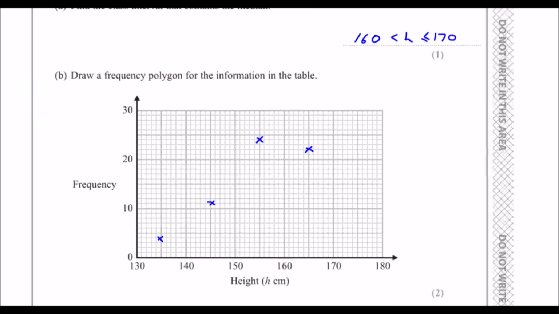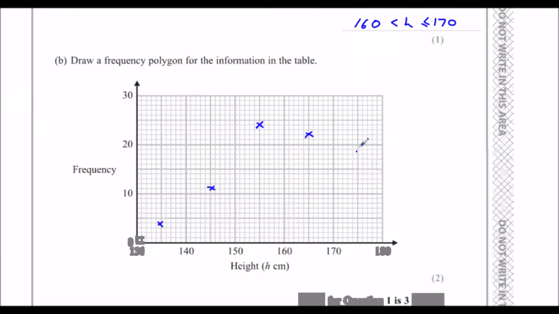And 175, 19. So we've got the points, and then we're going to connect them up with straight lines using the ruler, straight lines to connect all of the points we've plotted. And that is our frequency polygon.